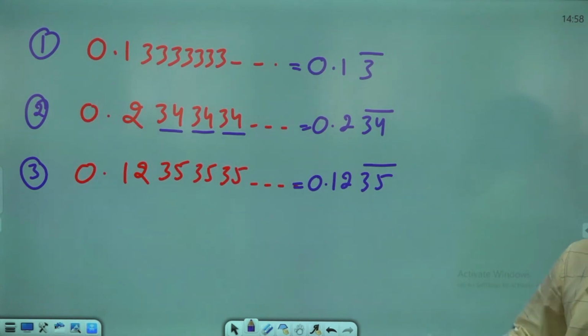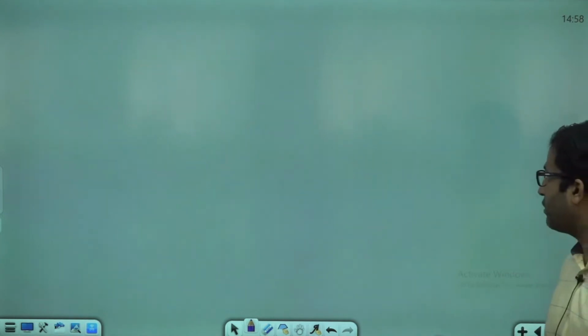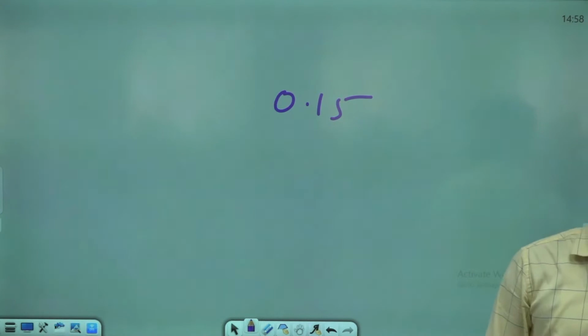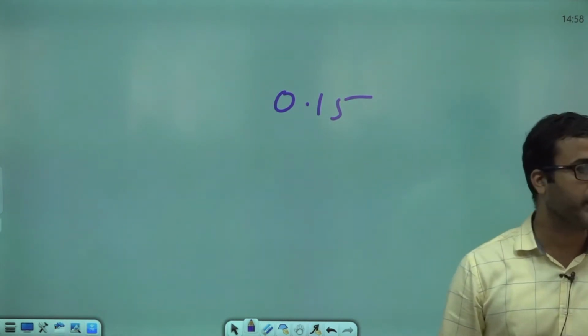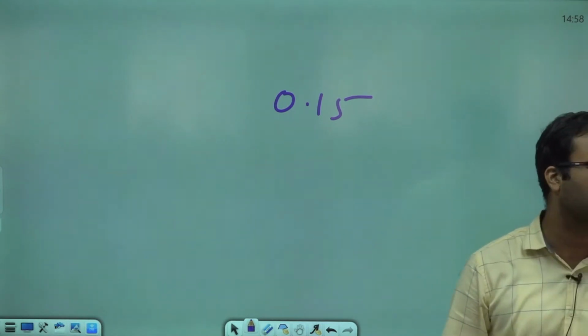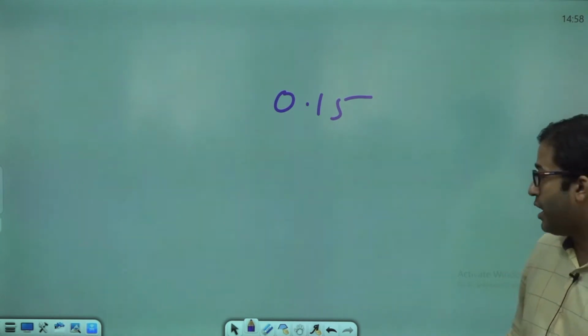Achha, do you know how we read values after the decimal? I have seen students say 0.15 as fifteen, but this is wrong. We read it as 0.15, one five. I will tell you the logic behind this, why we read single digits after the decimal.